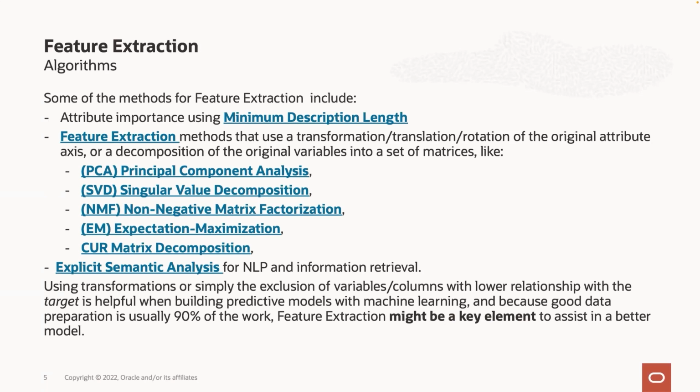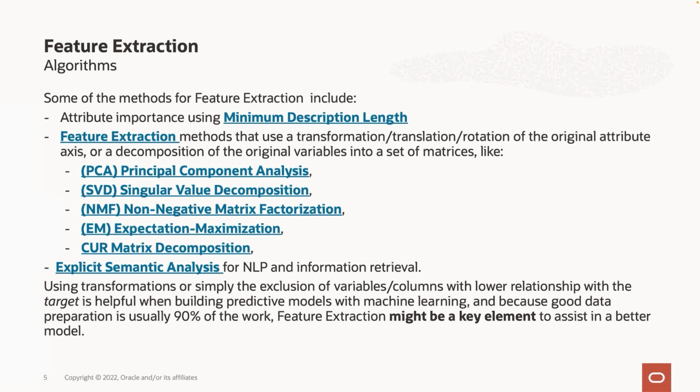And then the other portion of these feature extraction methods are algorithms trying to do transformations or translation or rotation of the original attribute axis, and a decomposition of the original variables into groups of variables that are much better. Instead of using 150 or 2,000 variables, you're going to be using 5 columns, 10 attributes to describe the variability inside your data set.